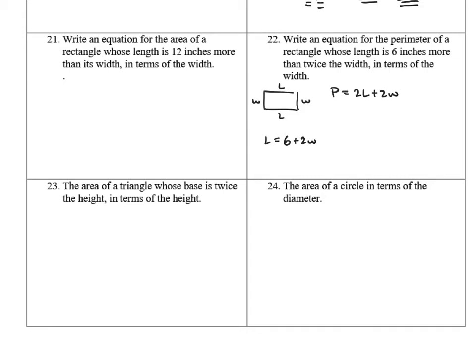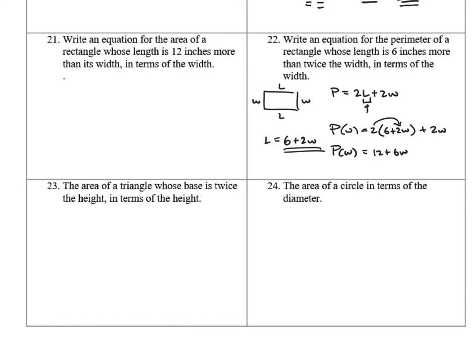I want to write the perimeter in terms of only w, so I can plug this expression in for L. The perimeter in terms of w only would be 2 L's, which can be written as 6 plus 2w, plus 2 widths. So perimeter with respect to w would be 12 plus 6w.